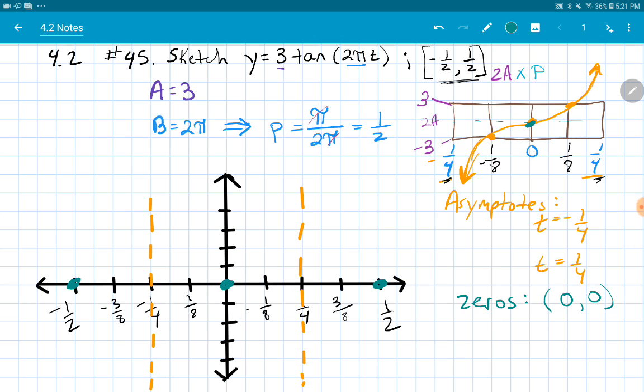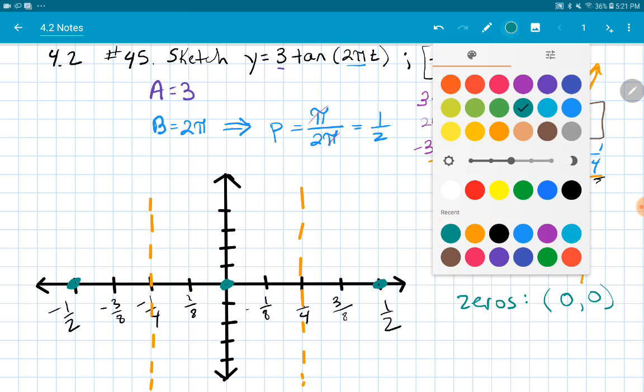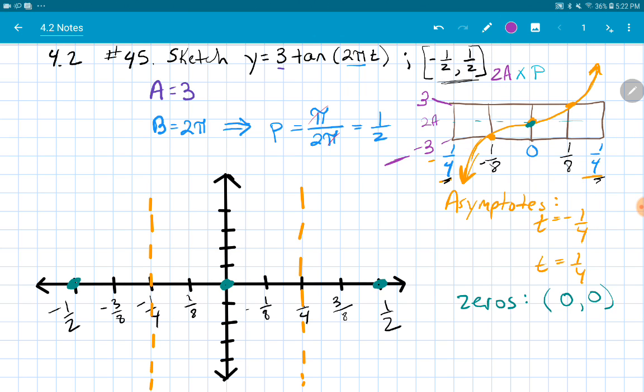All right, so now my graph is going to go from, let's do this part in purple. So this 3, the a, tells us the halfway point between the asymptote and the 0 is usually 1 for the parent function of tangent, but in this case we have 3 times tangent, so instead of 1 it's going to be 3. Oops, but a positive, sorry, on the positive side.